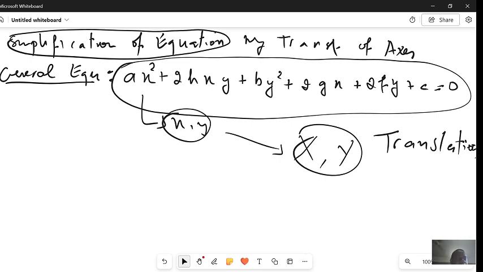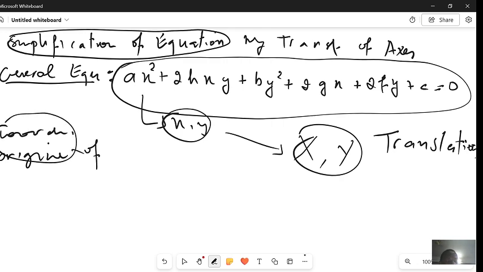So by using translation, first I have to determine the coordinate of the origin of the new plane capital X capital Y.